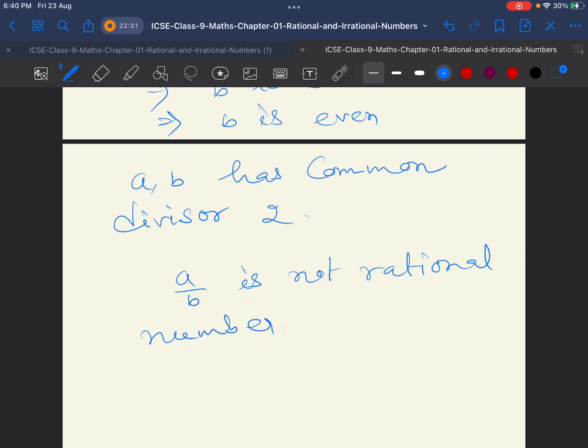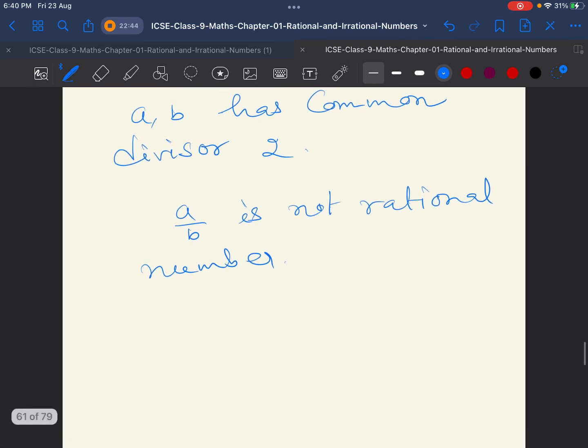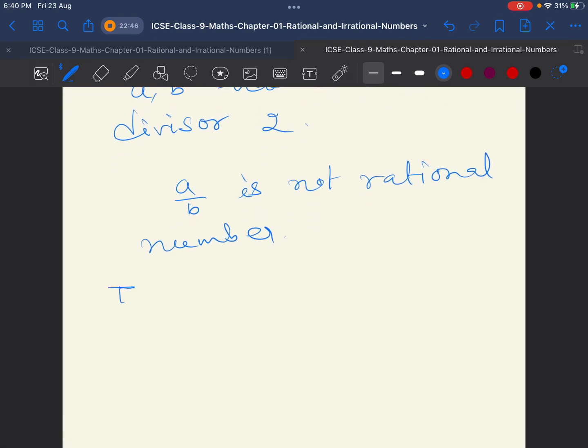So we can write here there is a contradiction. So this is a contradiction of our assumption.